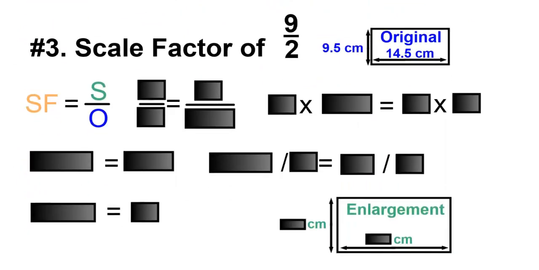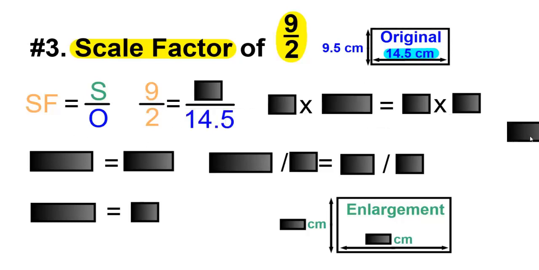Question number 3. A scale factor of 9 over 2. Scale factor is equal to scale over original. This time the scale factor will be 9 over 2. For the original, we'll start with the longest side, which is 14.5 centimeters. And the scale of the enlargement is the unknown.